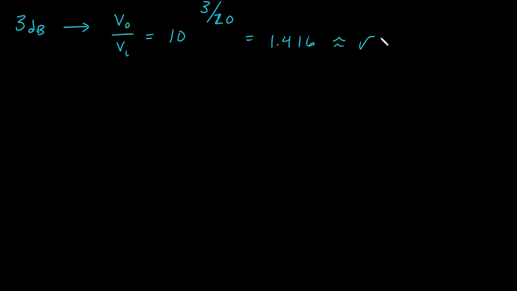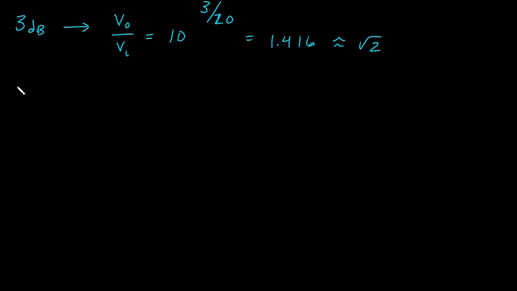So let's work some examples. So let's say we have 3 dB and we want to find the voltage ratio. So we know that V out over Vn is going to equal 10 to the power of 3 divided by 20, which is going to give us something that looks like about 1.416, which is approximately equal to the square root of 2.